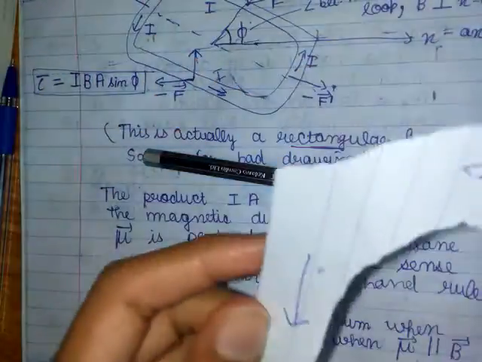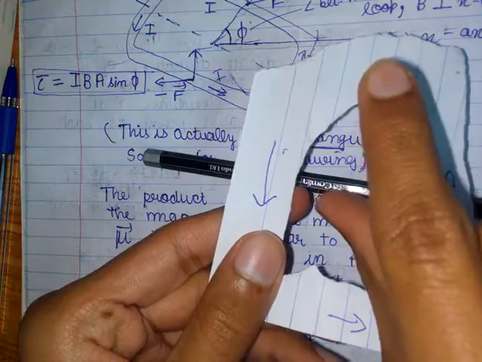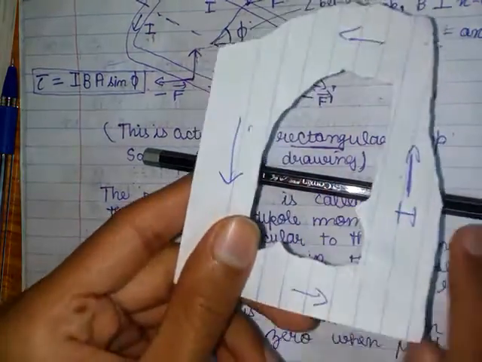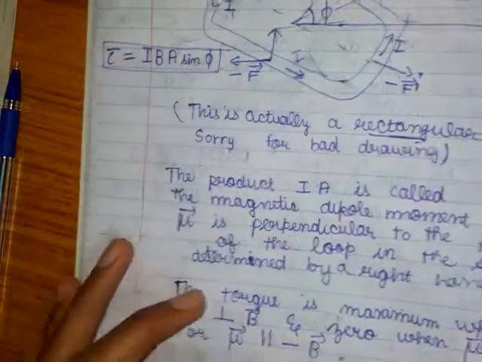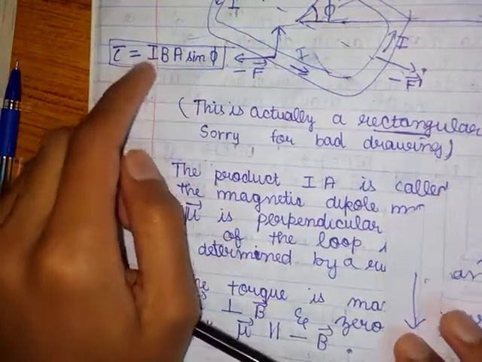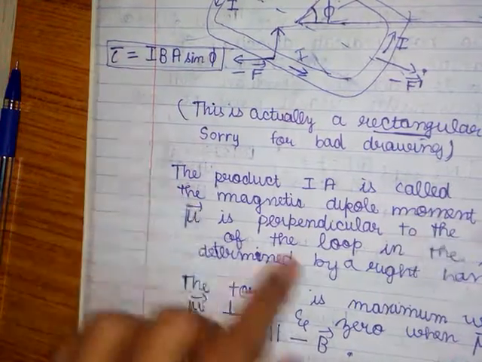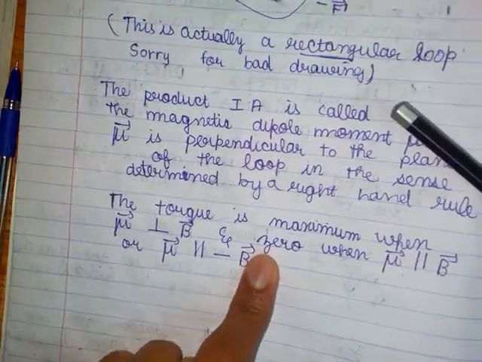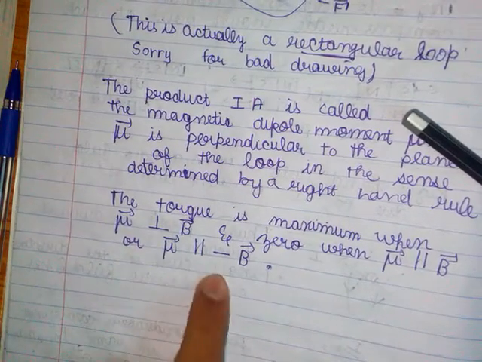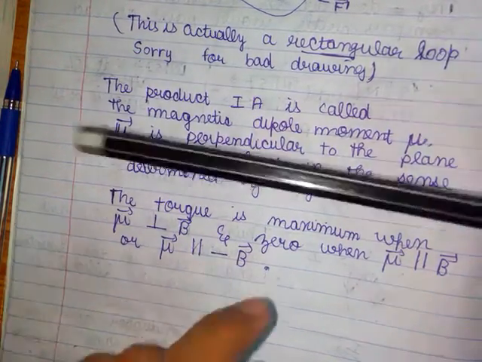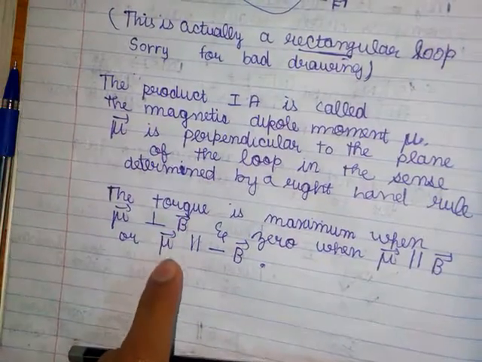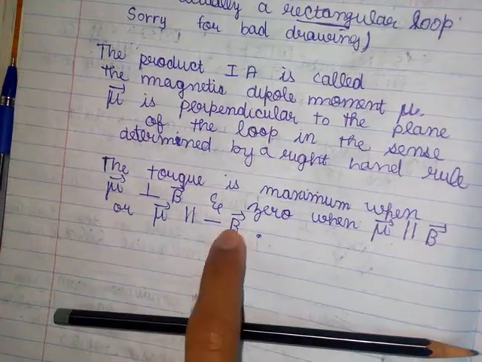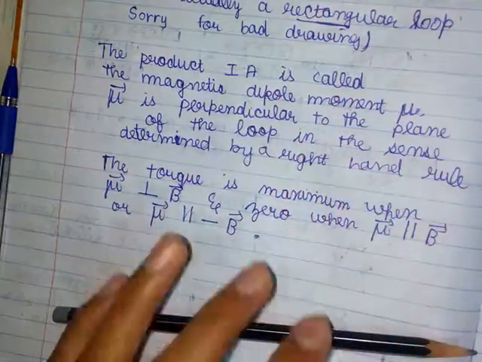When it is parallel or anti-parallel, then the angle phi between the plane of the loop and the x-axis becomes 0, and when we put 0 in this formula, sine 0 is 0, therefore the torque is 0. So the torque is 0 when mu is parallel or anti-parallel. Anti-parallel just means that it's aligned opposite to it. So I wrote mu parallel to minus B here. Minus just reverses the direction. Hope that's clear.